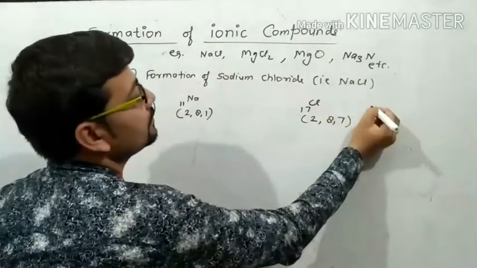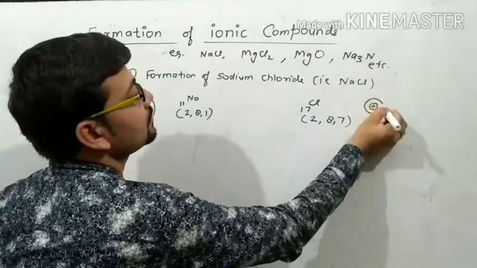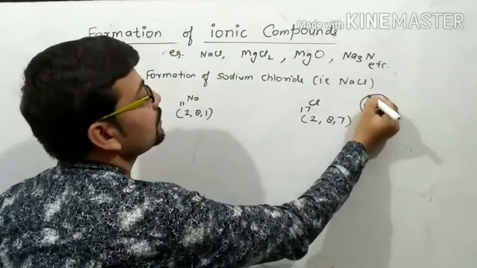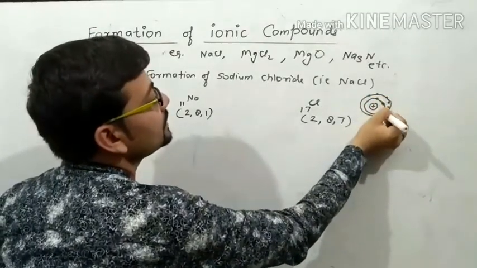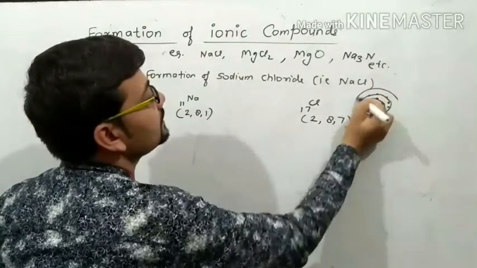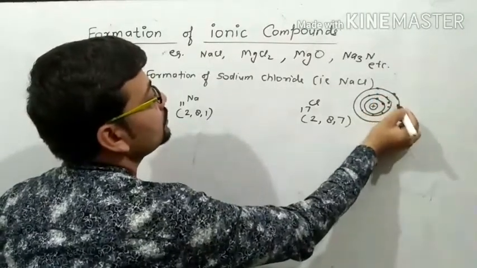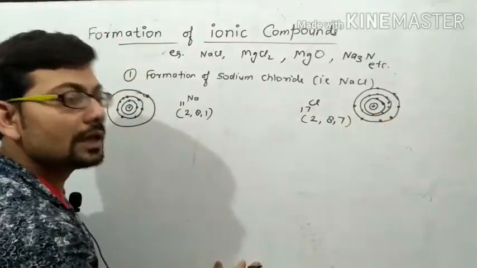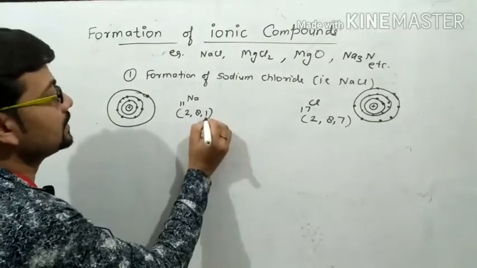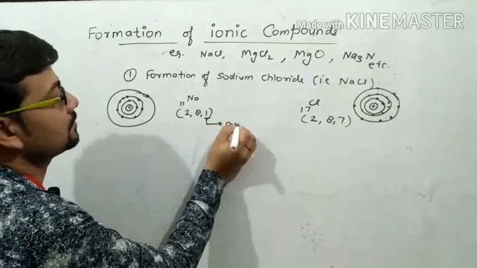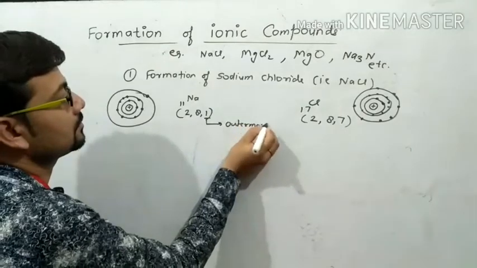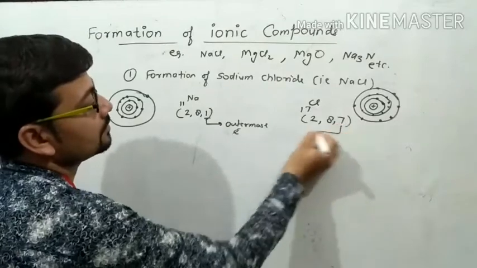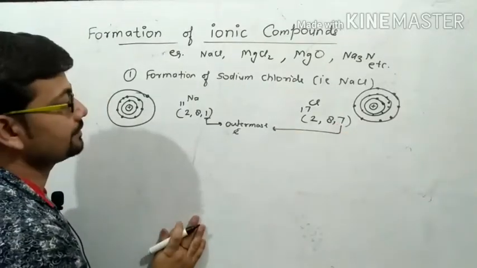In case of chlorine, the nucleus, 2 electrons in the first shell, 8 electrons in the second shell, and 7 electrons in the outermost shell. This is the outermost electron. Similarly, this is the outermost electron.